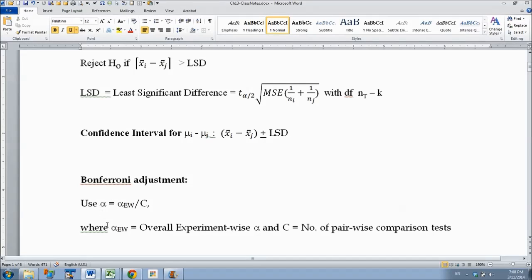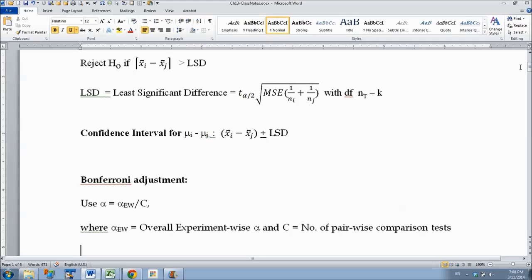So the alpha we need to use is you take the overall experiment-wise alpha and divide by the number of pairwise comparisons that we need to make. Like if you want a 5% overall alpha level, you take 0.05 and divide by the number of comparisons that you have to make, and that is the alpha we have to use to determine the t-table value.